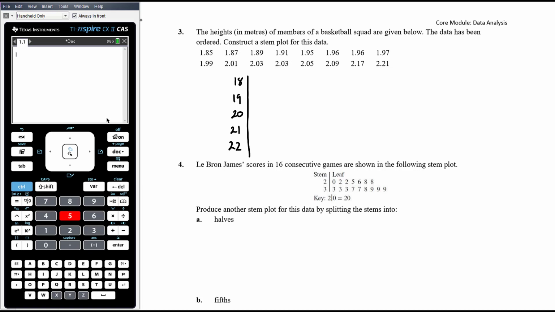The data's in order, so we can then just go through and list our leaves. So for the 18, we'll have 5, 7, and 9. For the 19, we'll have 1, 5, 6, 6, 7, 9.